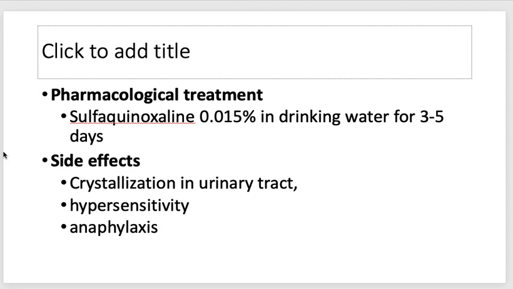Pharmacological treatment is by using sulfaquinoxaline, which is put in the drinking water for 3 to 5 days. Side effects include crystallization in the urinary tract, and also hypersensitivity and anaphylaxis.